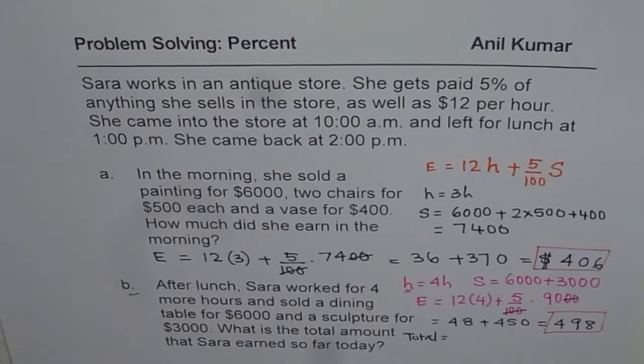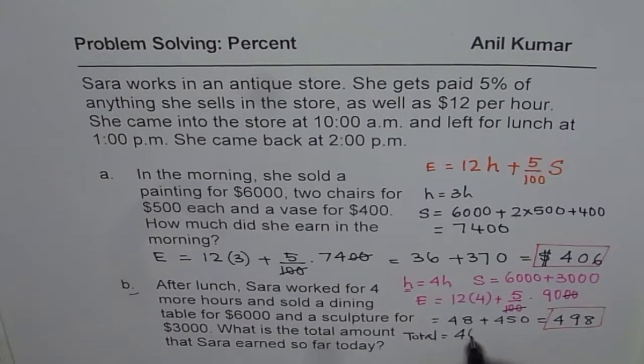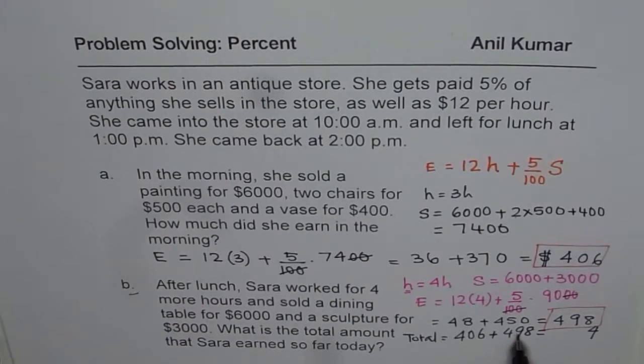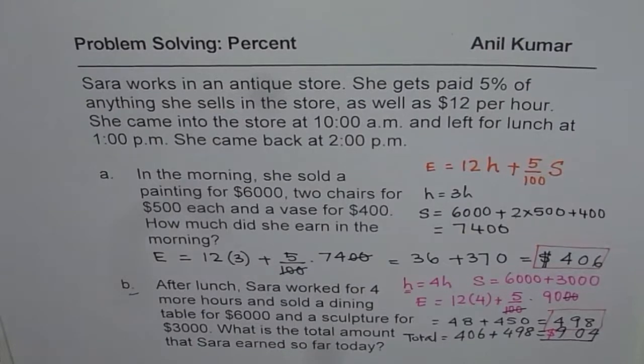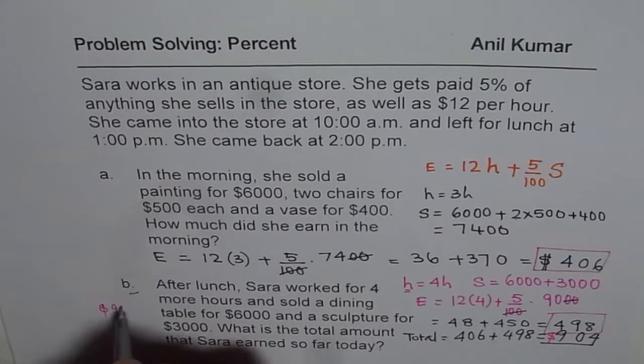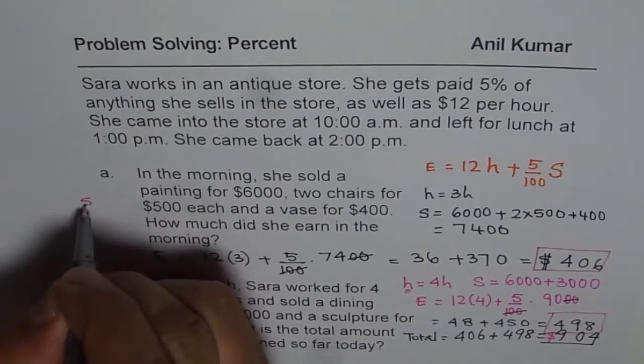So let's add them: 406 plus 498. 8 and 6 is 14, 4 plus 1 is 5 plus 9 is 14, 4 plus 4 is 8 plus 1 is 9. It's good to write units, so let's write dollars. Our answer is her total earning is $904.